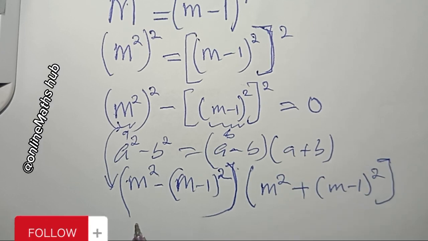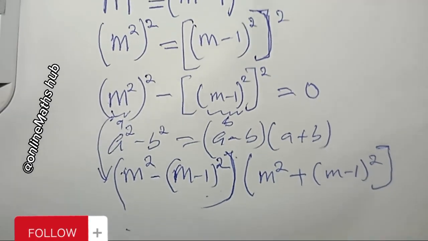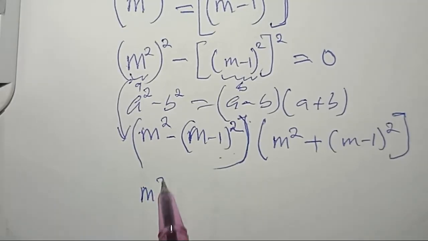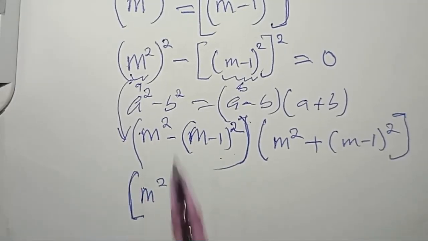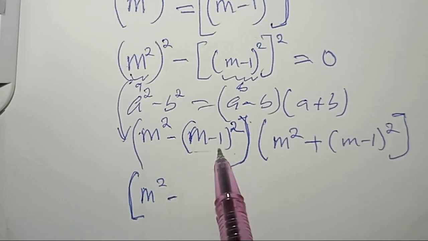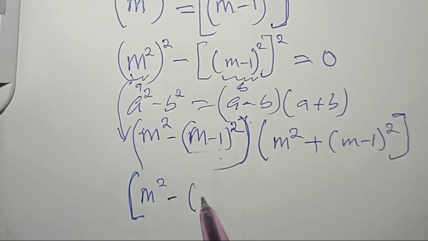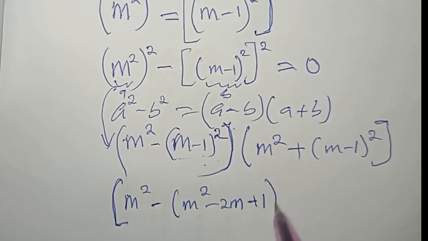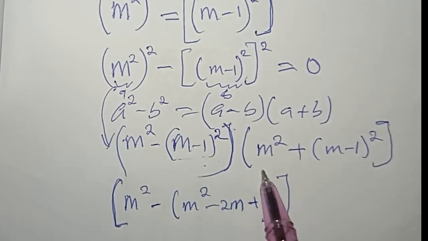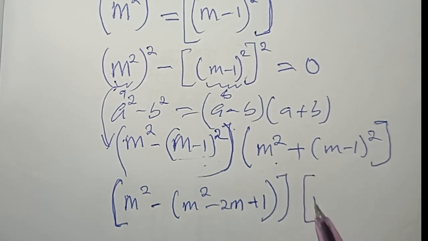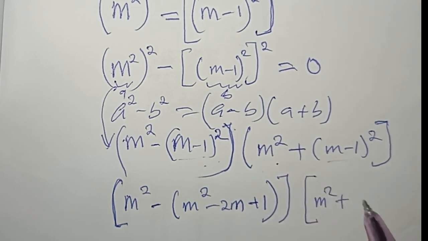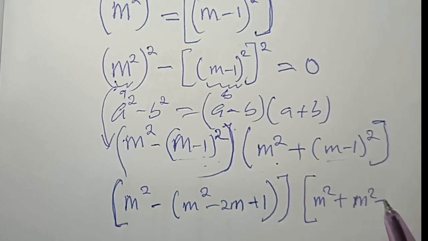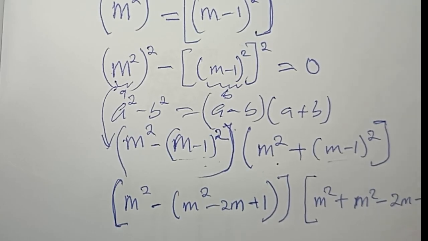If I simplify this one, what I'm going to have is, in bracket, m^2 minus, and if you expand (m − 1)^2, what you have is m^2 − 2m + 1. And for the second bracket, this is m^2 plus m^2 − 2m + 1.